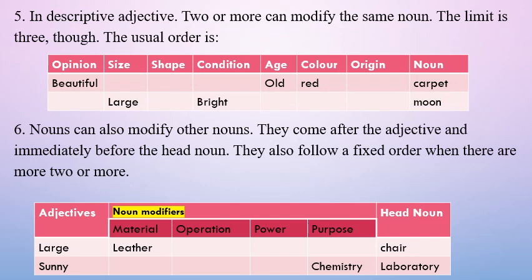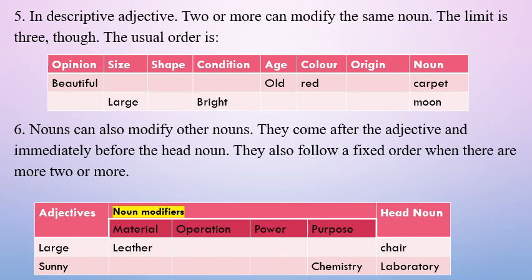In the fifth point, we have descriptive adjectives. And as you know, an adjective describes a noun. In some instances, you have more than one adjective. But you need to bear in mind that the limit number of adjectives modifying a noun is 3.